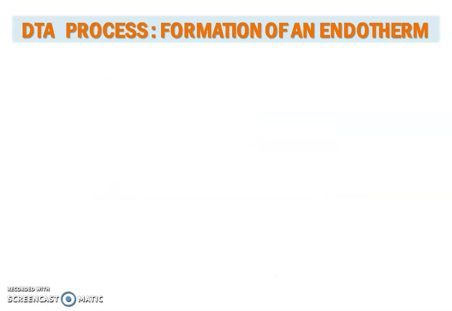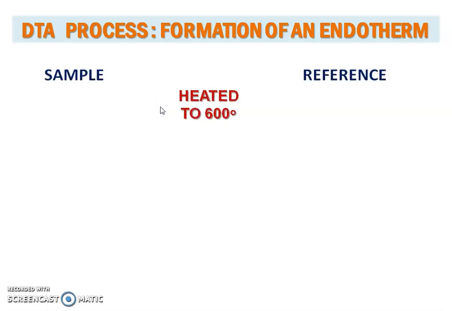Okay. So let's discuss the formation of an endotherm, the downward peak or the negative peak in the DTA. I continue heating my sample and the reference, and say the furnace temperature hits 600 degrees, and ideally the sample temperature and the reference temperature should also be 600 degrees. But at 600 degrees, my sample undergoes an endothermic reaction.